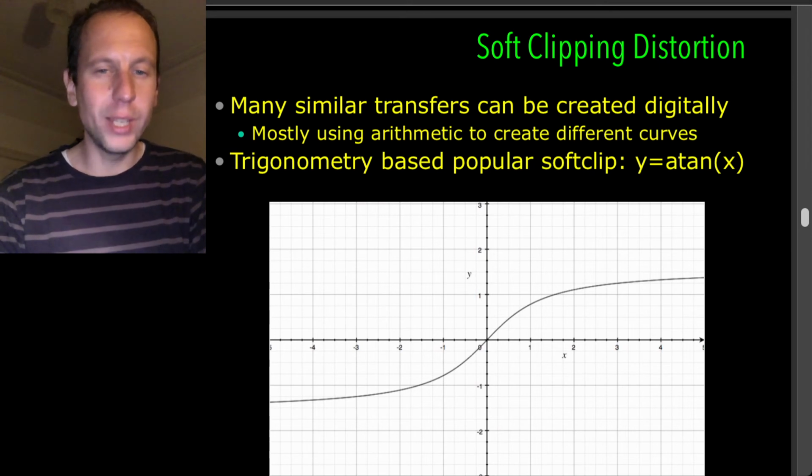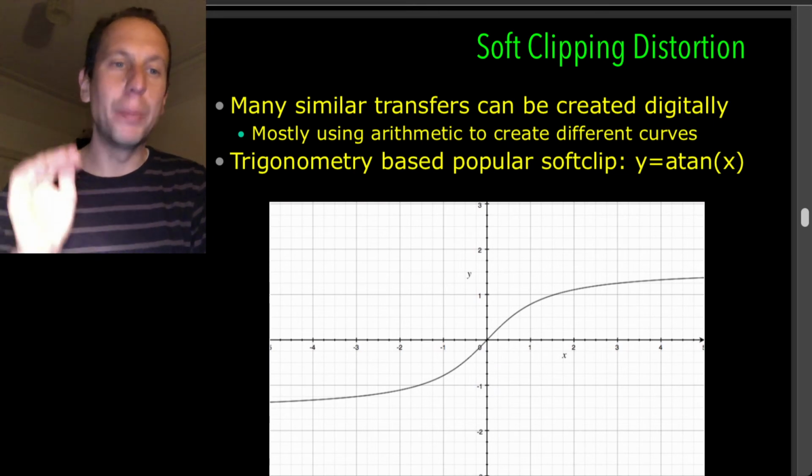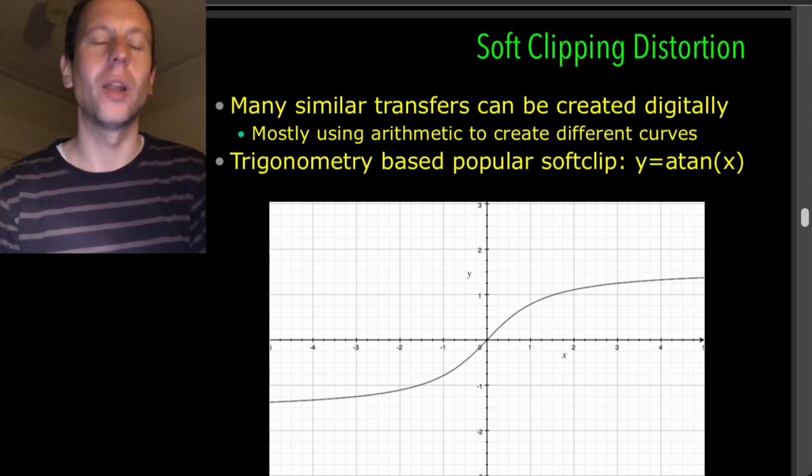Now, if you exceed the input level and reach 1.5, then you will get about 1 on the output. But actually the property of this function is that there will always be a bit more in terms of allowing you to push it.